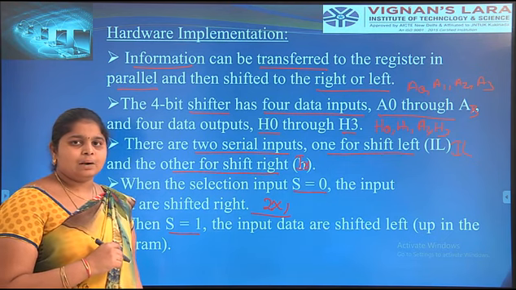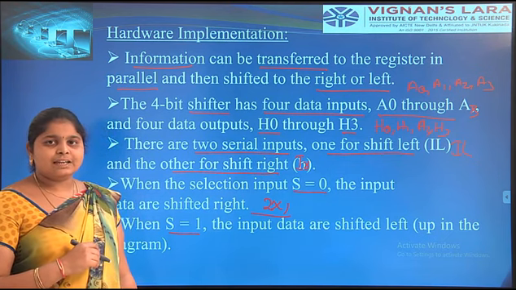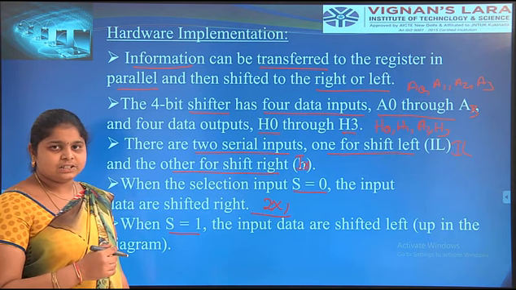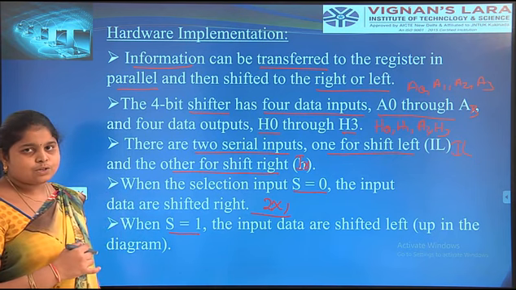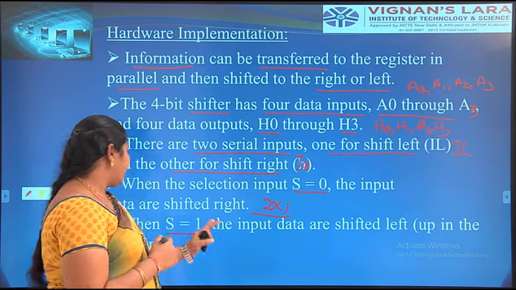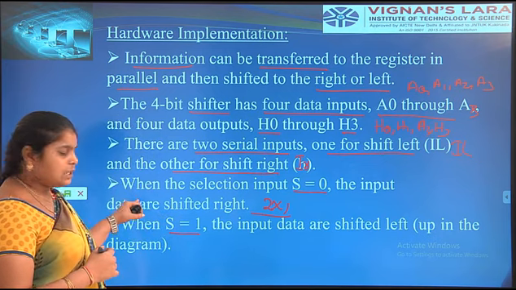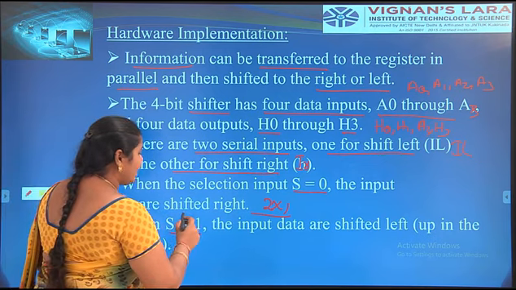What is the definition of a multiplexer? The information that can be transferred from source to destination, from one end to another end, is handled by a multiplexer. When the selection input is 0, the input data is shifted to the right.